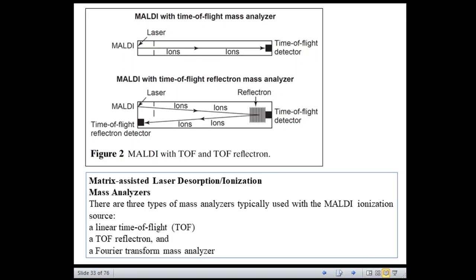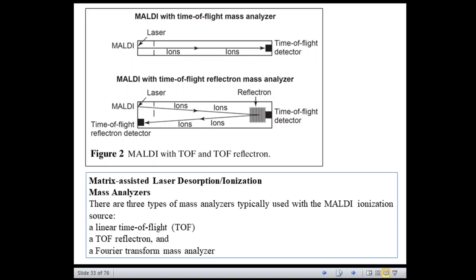The smaller ions reach the detector first because of their greater velocity, while the larger ions take longer due to their large mass.